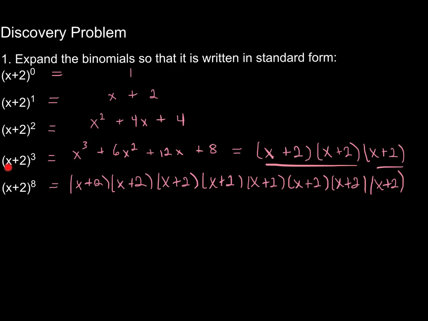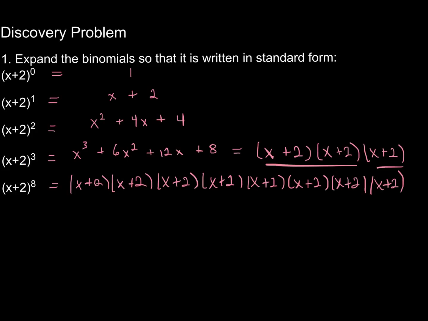And similarly, with x plus 2 cubed, I'll have x to the third power. Also notice that the last term is the last term in my binomial, so 2 to whatever power I have. Here I have 2 squared because I'm going to have a 2 times a 2. And here I'll have 2 to the third power, or 8, because I'll have 2 times 2 times 2.